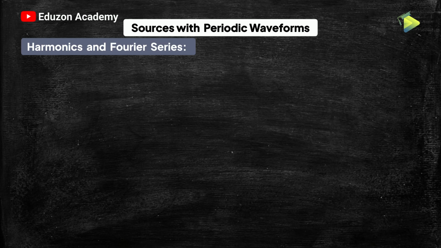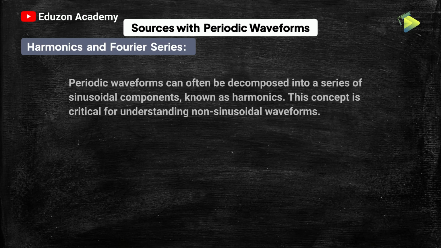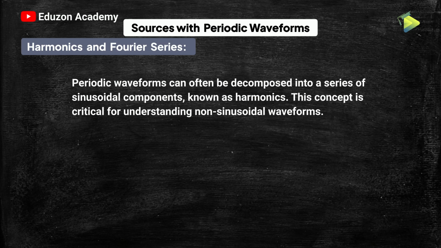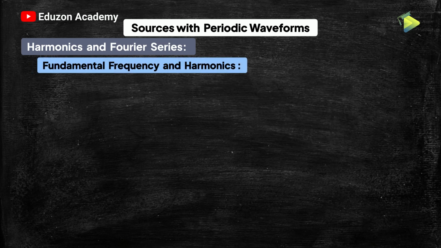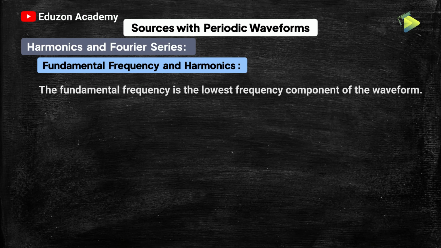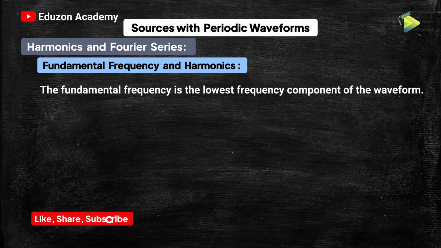Harmonics and Fourier series. Periodic waveforms can often be decomposed into a series of sinusoidal components, known as harmonics. This concept is critical for understanding non-sinusoidal waveforms. Fundamental frequency and harmonics. The fundamental frequency is the lowest frequency component of the waveform.